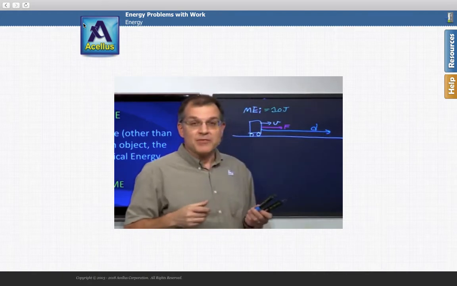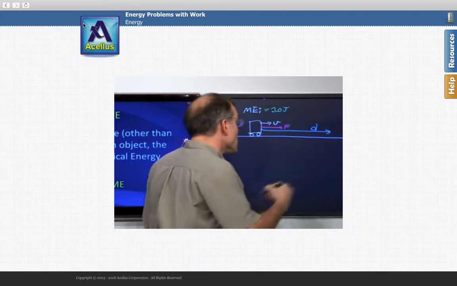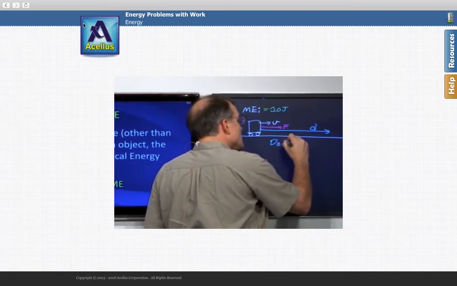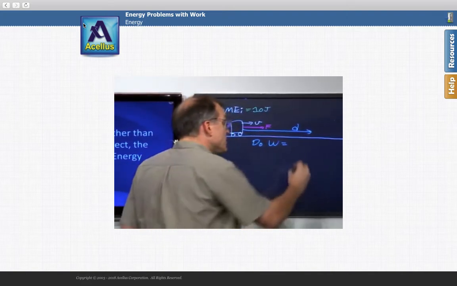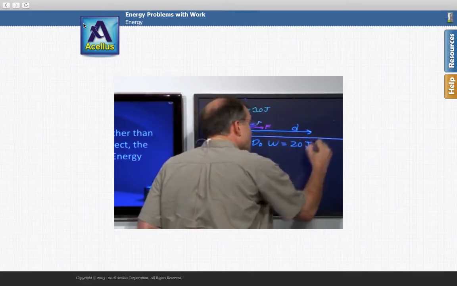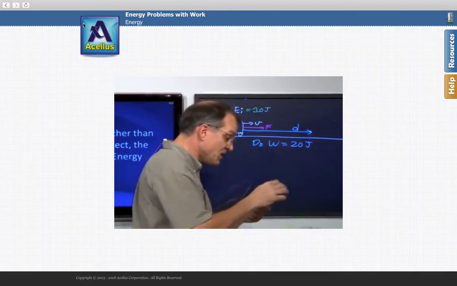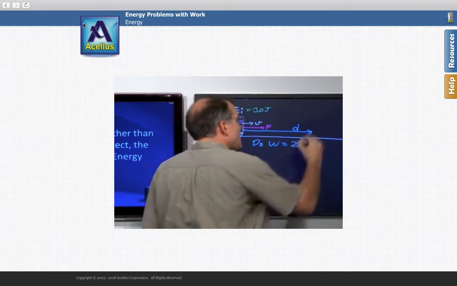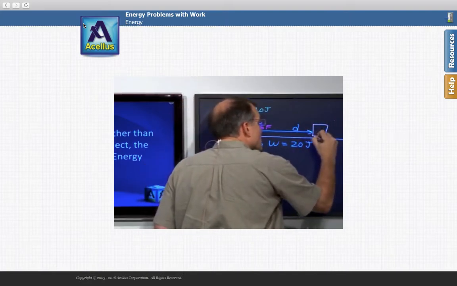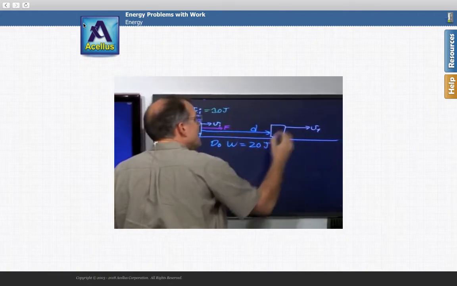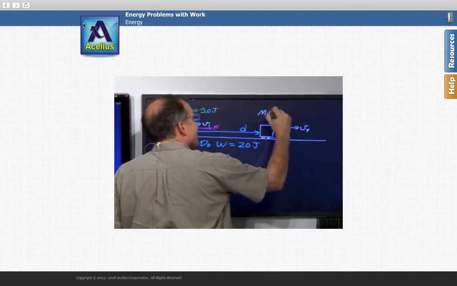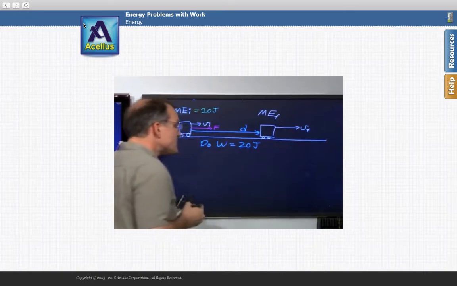And when you apply a force over a distance, you do work. Let's say it worked out to be 20 joules of work that you put into the motion. At the end, the car, because you're pushing it, is going to be going a little faster, vf.